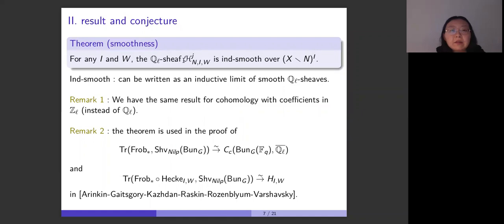And here is the result I want to talk about in this talk. The theorem says that the relative cohomology sheaf over the I-th power of X minus N is ind-smooth. The definition of ind-smooth is that it can be written as an inductive limit of smooth Q_l sheaves.